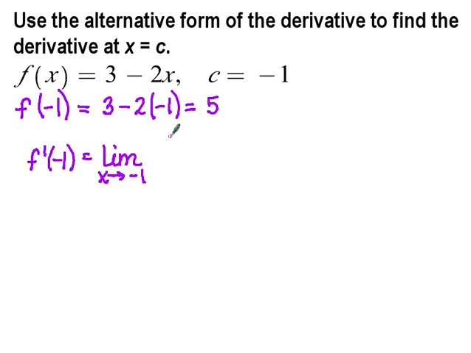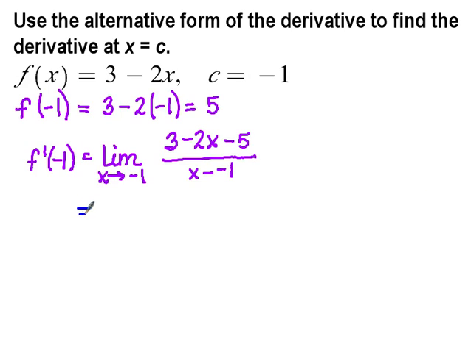F of x, which will be 3 minus 2x, minus f of c, which is 5, all over what? X minus negative 1. So you can see now by having those lines written up there, it makes the problem a lot easier because you see what you need to plug in.